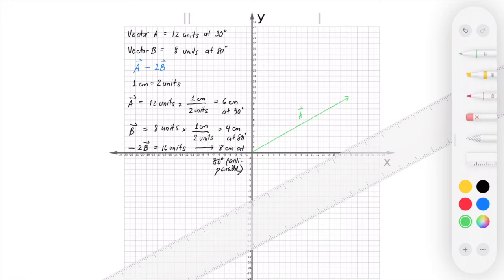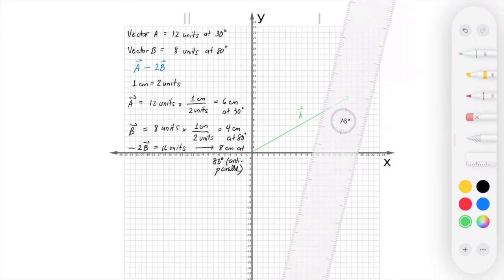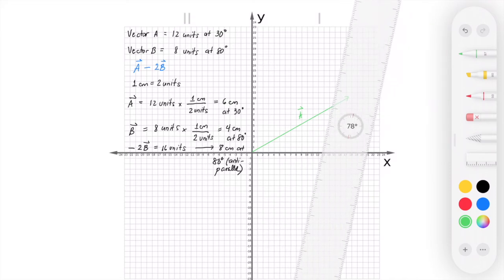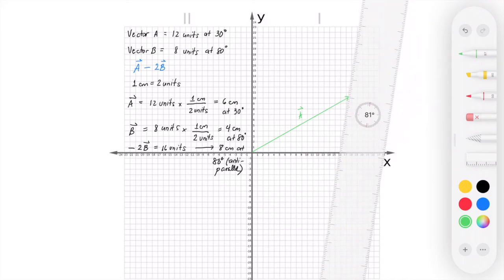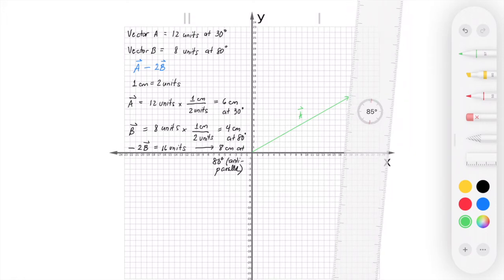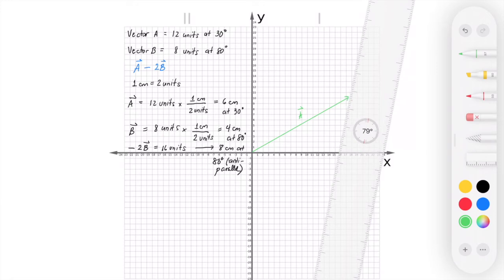Next, vector B, 4 centimeter at 80 degrees. Okay, there you have, that is 80 degrees.